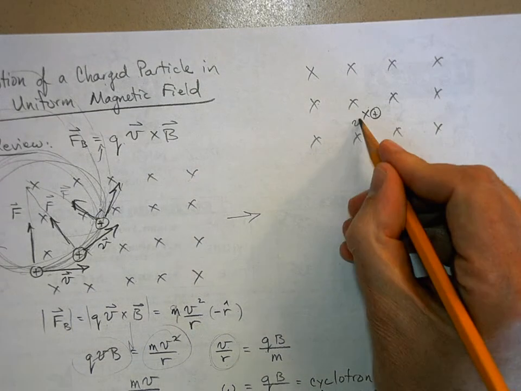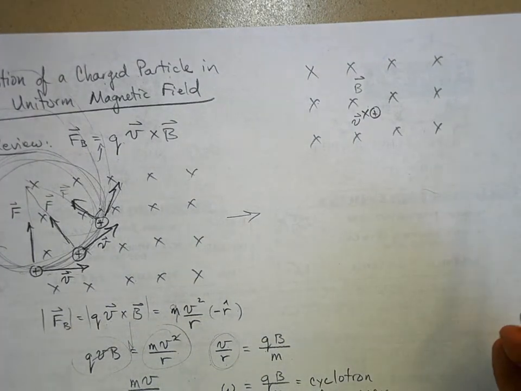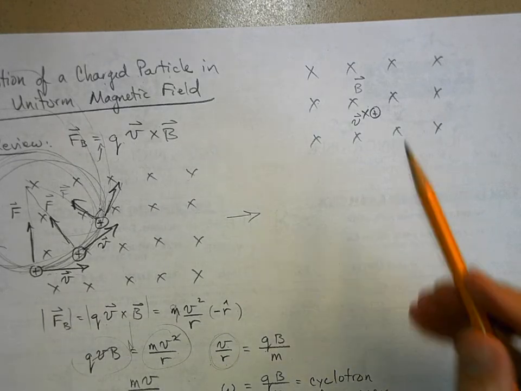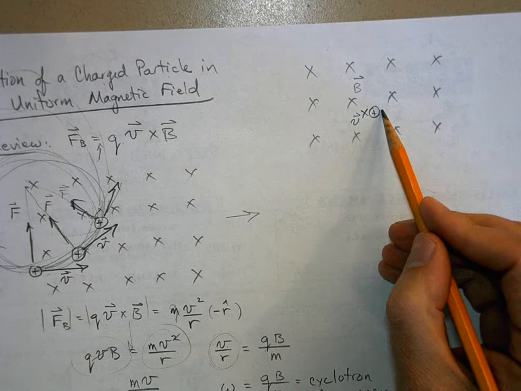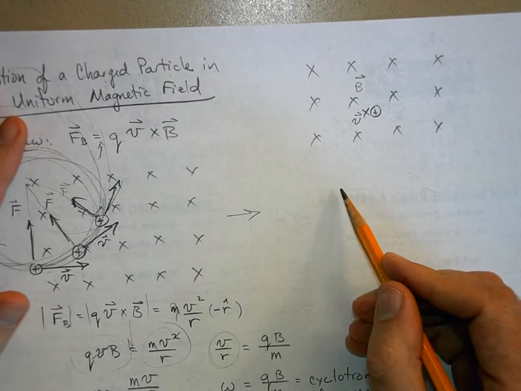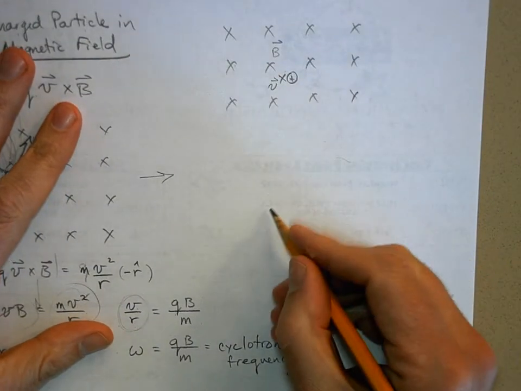So there's my velocity vector, and here's my magnetic field. Well, nothing's going to happen. It has to have a component that is perpendicular in order to move in a circle. But what if I had this? This is kind of hard to draw, so I'll try drawing it with some perspective.